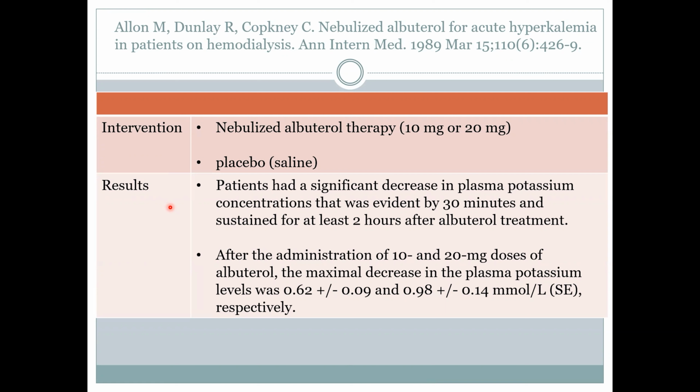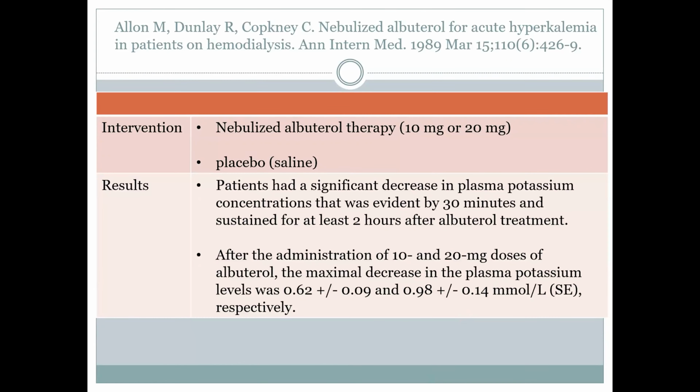This was found by 30 minutes, and it was sustained for at least 2 hours following the treatment of hyperkalemia with albuterol. An interesting component is they were able to compute the exact level of potassium that was reduced. With the 10 milligram dose, the maximum decrease in plasma potassium was 0.6 plus or minus there. And with the 20 milligram dose, we got very close to 1 millimole or 1 milliequivalent.